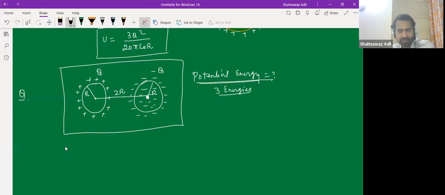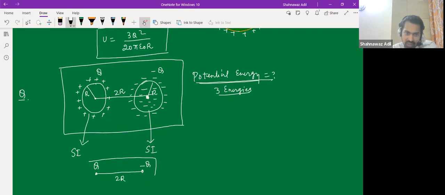Is this clear? Yes, sir. Sir, can you repeat how three energies? Yeah. One is that this one has some self-interacting energy, and this one has some self-interacting energy. But these are two charges. This is plus Q and this is minus Q, and they are separated by some distance, so they will also have the interaction energy.